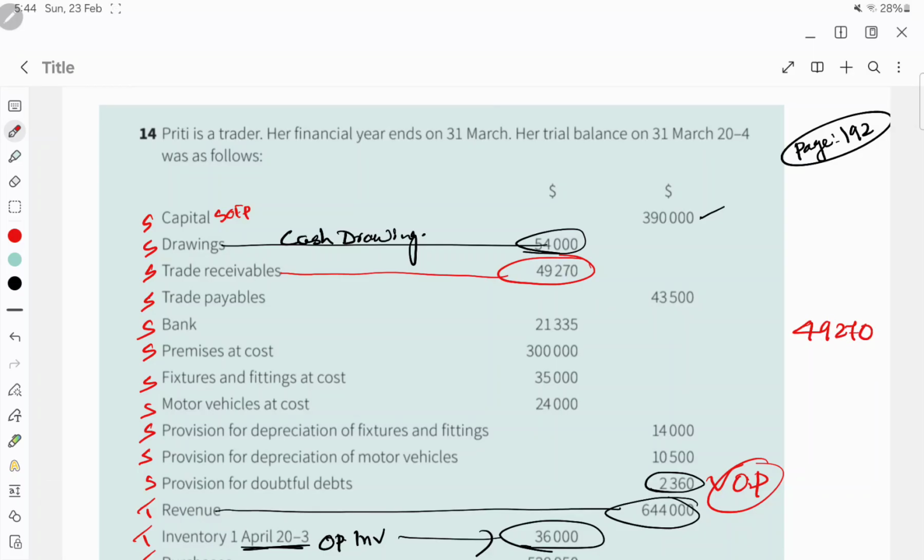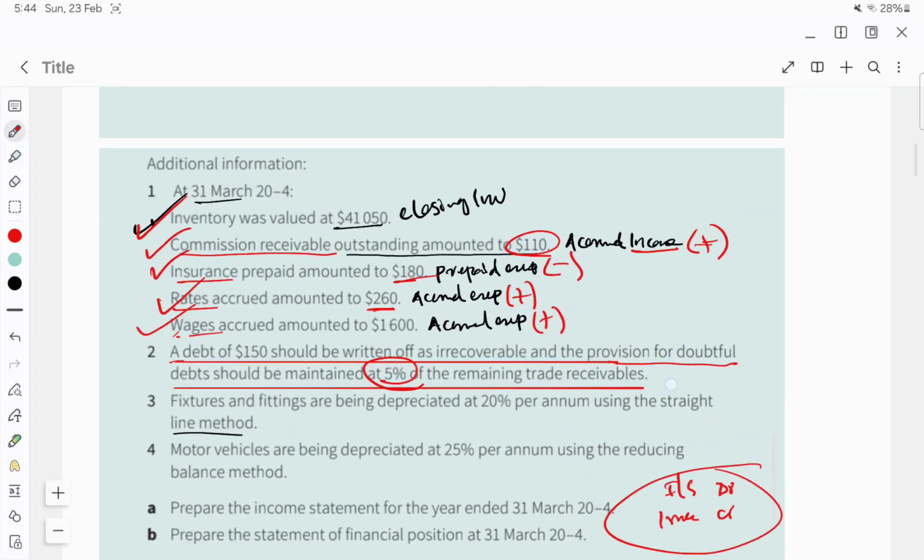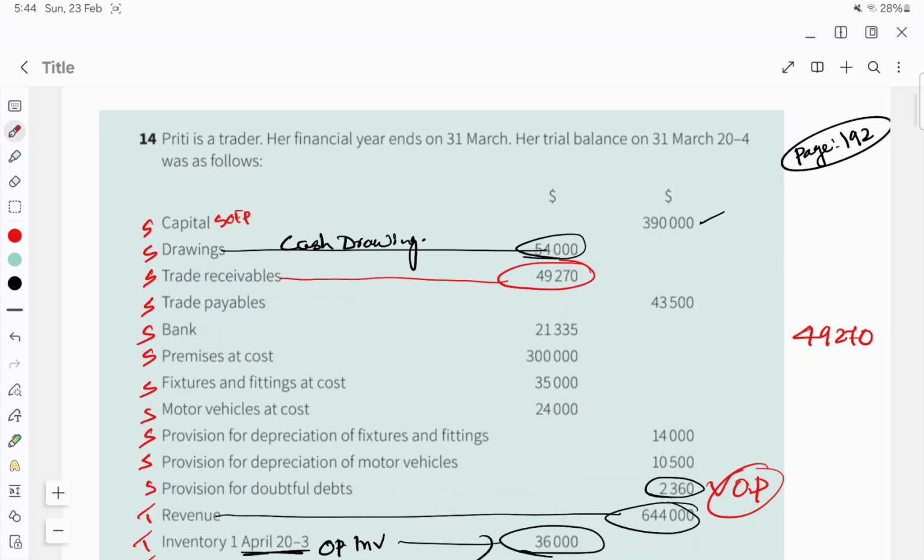Already we know from the additional information that 150 is written off as irrecoverable. It means that will not be recovered from the trade receivable. So that amount is not yet deducted from this, because that is additional information.